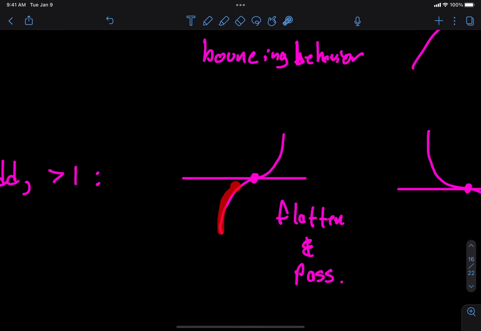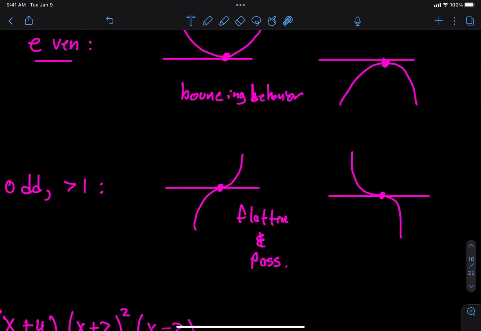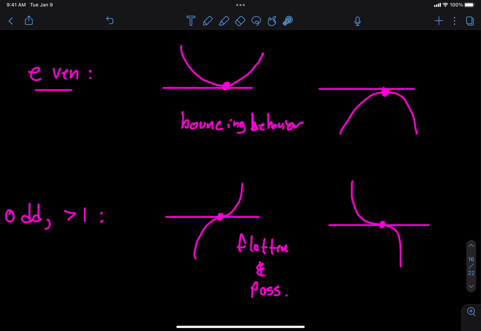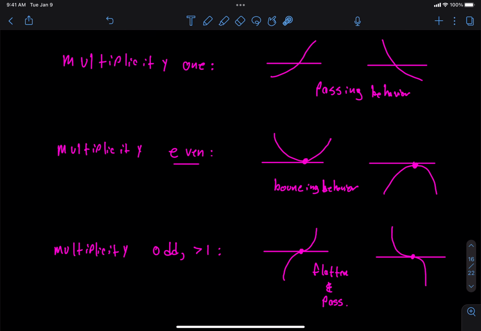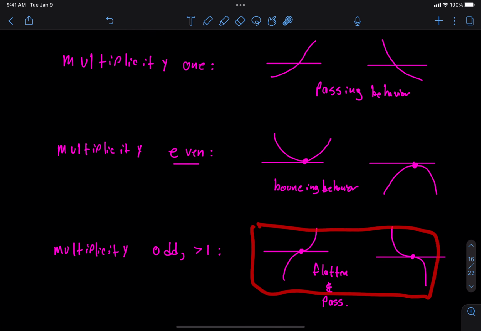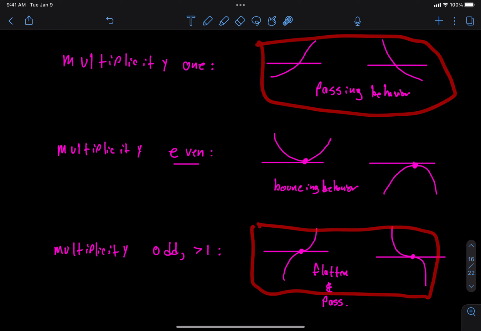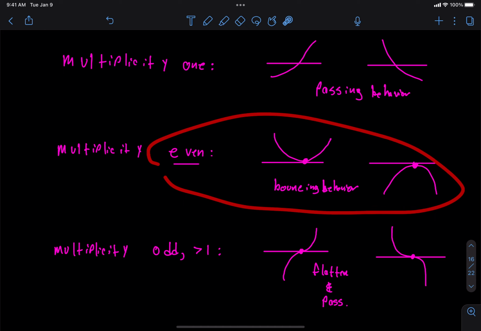So we will flatten out, but we're still going to go through. If we were going the other way, it would look like this. We'd flatten out, but we'd still go through. So odd multiplicity tracks with passing behavior. Even multiplicity tracks with bouncing behavior.